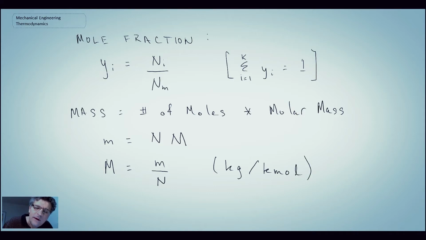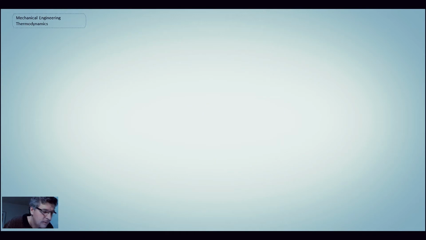And with this, we can now come up with an expression for the molar mass of a mixture. We can look up molar mass in the back of the book for individual components, but if we want to know the molar mass of a mixture, we need an expression for that, and that's what this can help us with.